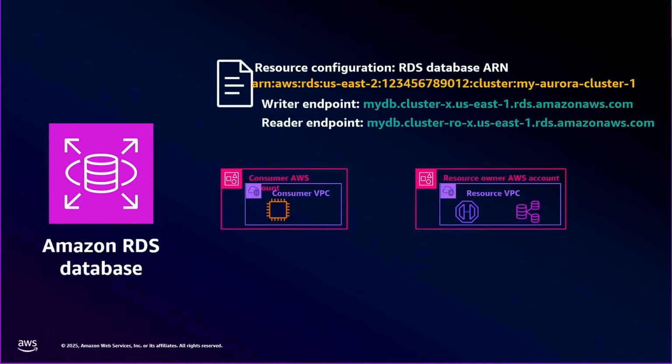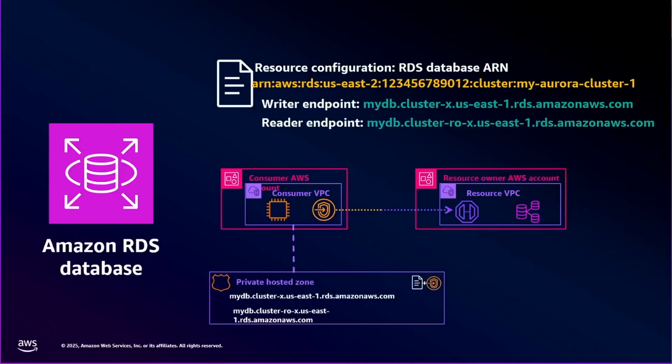With that, every time you need to do maintenance or go through upgrade cycles, or you need to fail over a cluster, the benefit of utilizing the ARN is that AWS does all of the heavy lifting for you. So as the DNS changes in the resource owner account, we also update the resource endpoint in the consumer VPC, so you don't have to worry about all of that undifferentiated heavy lifting for the databases.